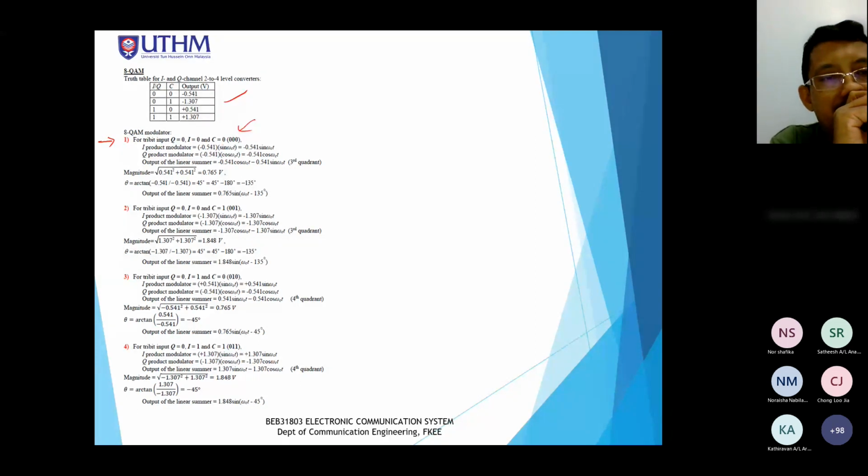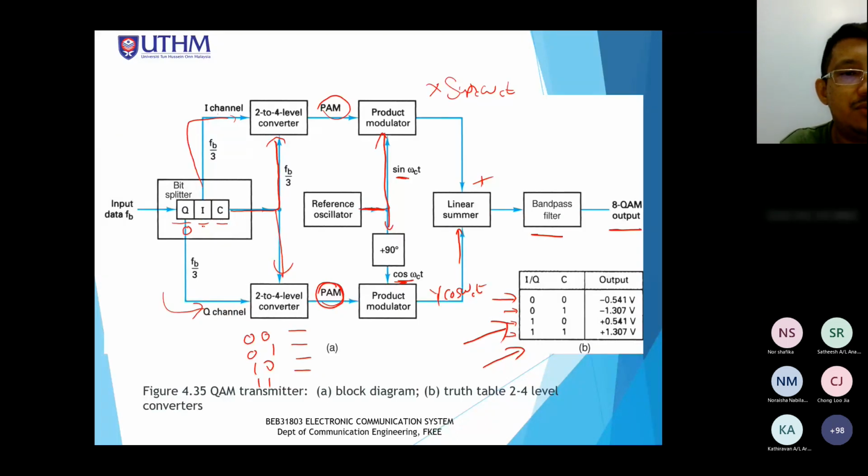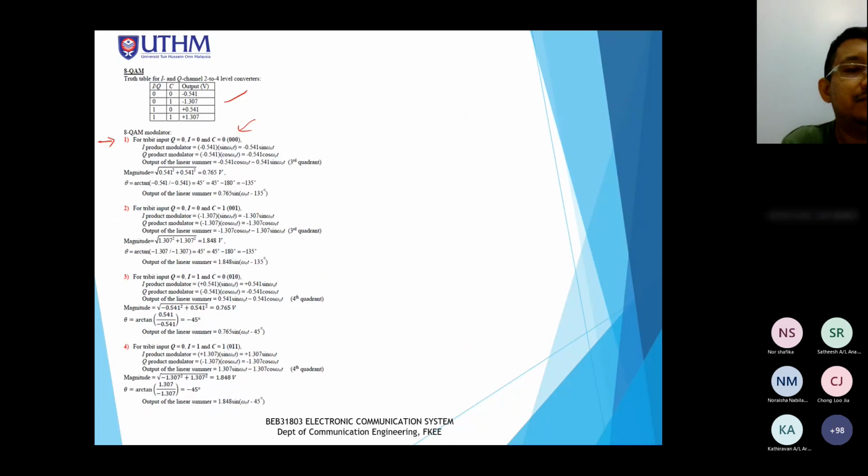The I channel is 0 and the control bit is 0, and the Q channel is 0, with control bit 0. So what happens to the output of the level converter?